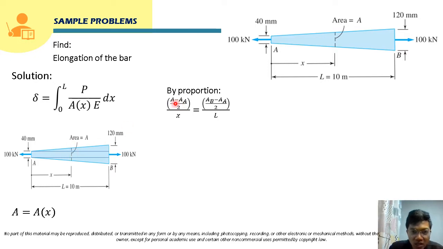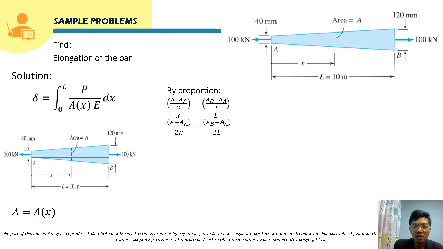So that's what we need. A, again, A minus A_A divided by 2 to solve for this height of the smaller triangle, over the base of the smaller triangle, which is x. So from here, we are going to solve for this A, or the area expressed in x.